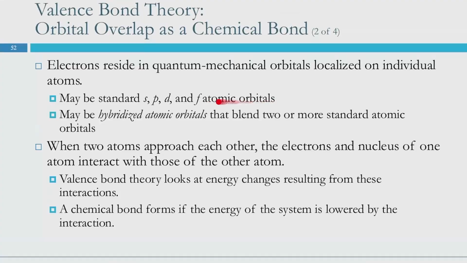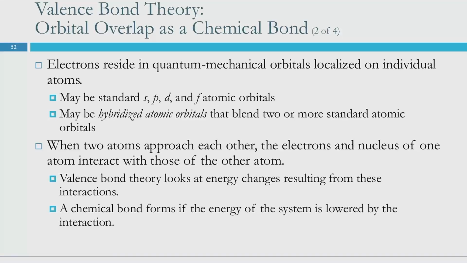These atomic orbitals can be hybridized, that blend 2 or more standard atomic orbitals, and we're going to look at that. So when 2 atoms approach each other, if you've got 2 atoms that are coming in to potentially bond or interact, as they near each other, the negatively charged electrons and the positively charged nucleus are going to interact with each other.